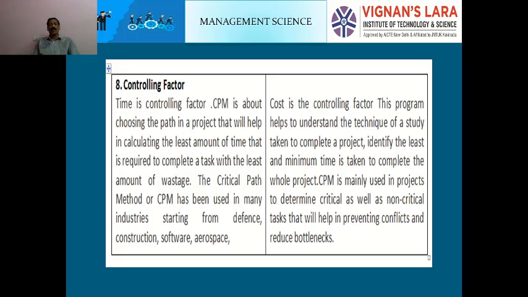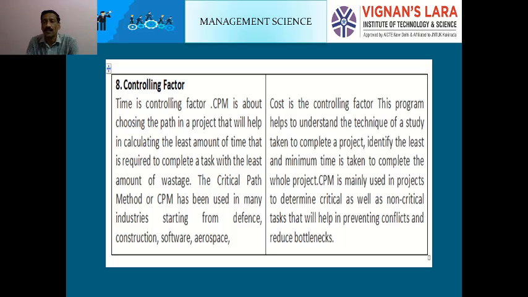While PERT overcomes the limits of the CPM method with respect to industries starting from defense, construction, software and aerospace, this is the controlling factor. At the same time, in the CPM method, cost is the controlling factor.